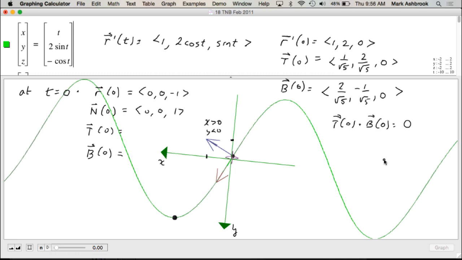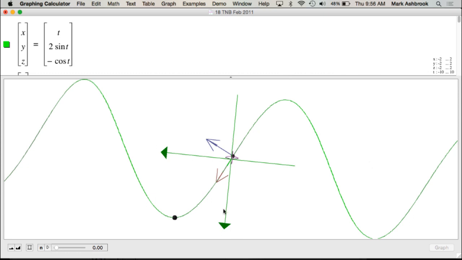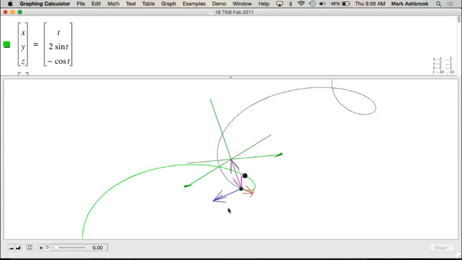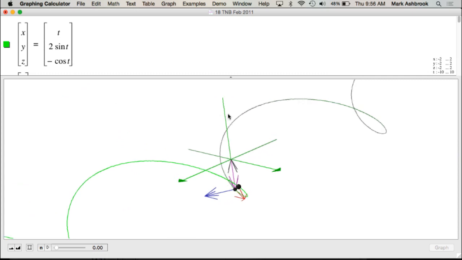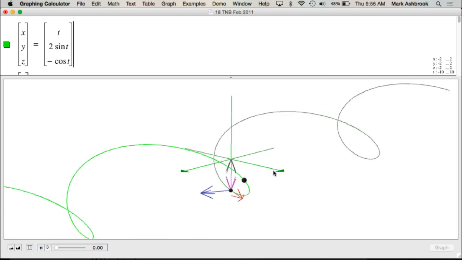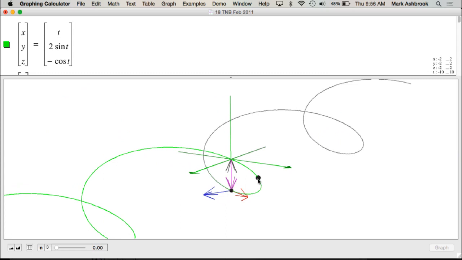Okay, so I want you to do it for t equals pi over 2, and I'll put it there. So you're going to do the same thing for pi over 2, which is this big black point right here. So I'm going to set it on pi over 2. This is a lot more about using intuition and understanding things spatially than it is doing a lot of algebra, okay?